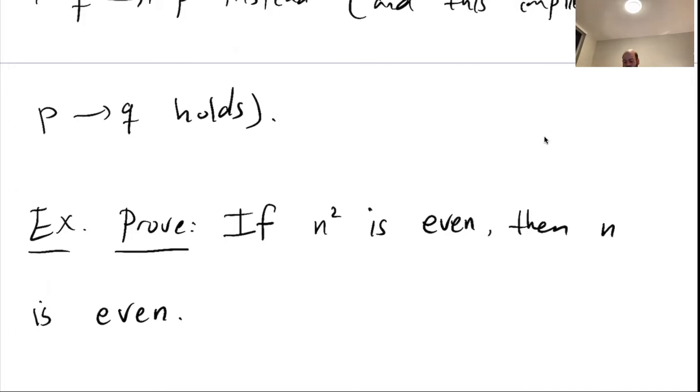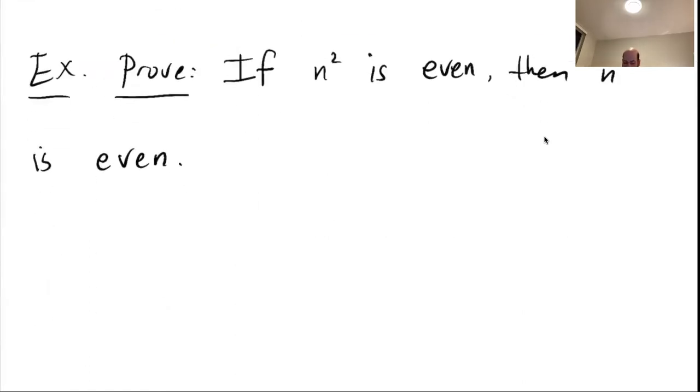Okay, so this is a statement we want to prove, that if n squared is even, then n is even. So our first attempt would maybe be using direct proof, right? So let's see whether we can do it with direct proof.